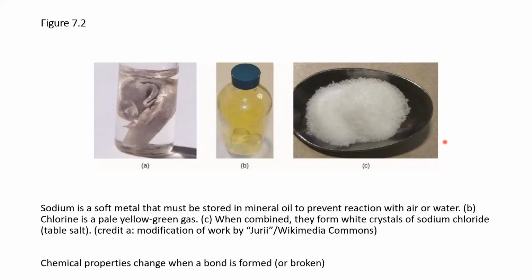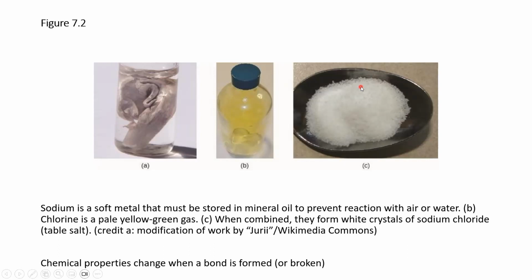But I just want to mention with ionic bonding, with covalent bonding, regardless of which kind it is, once we take a substance and bond it to something else, we've now created a new substance. So we've created something with entirely new properties. In some cases, there may be similarities still. But when we think about something simple like sodium chloride on the right here, just regular table salt.